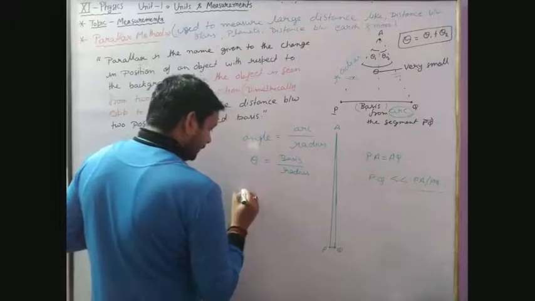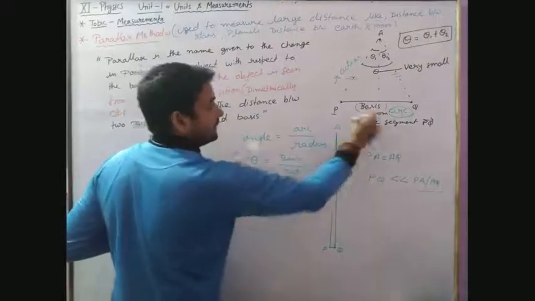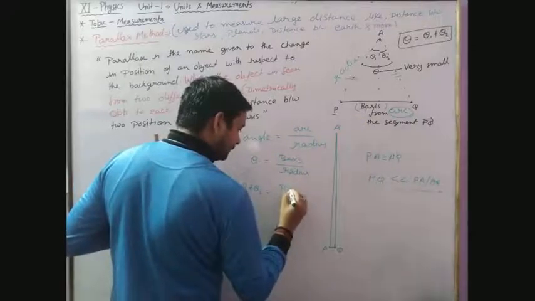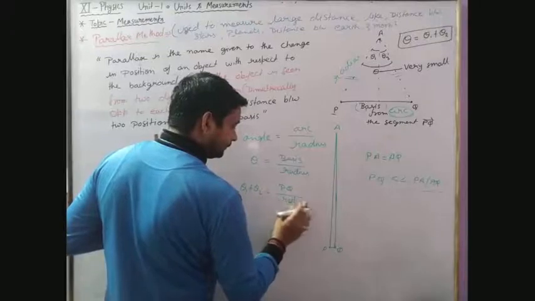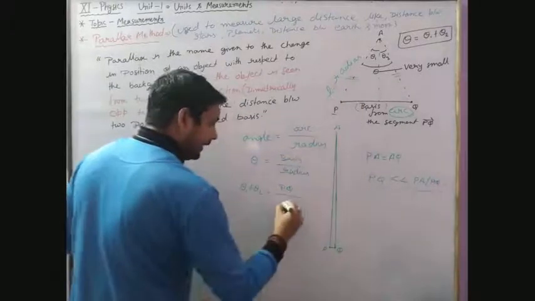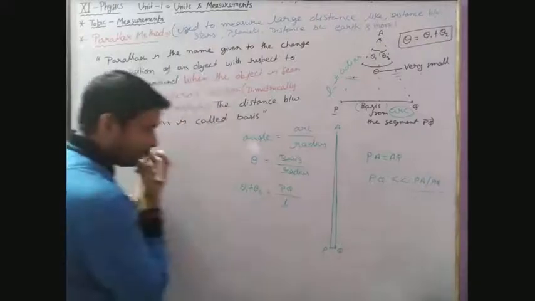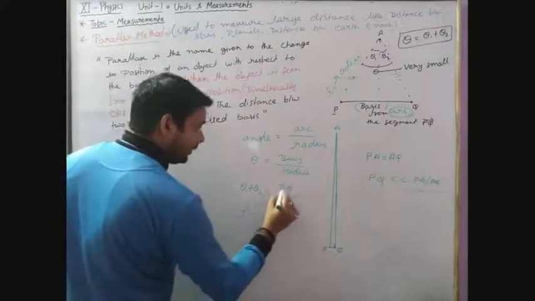So here theta 1 plus theta 2 is equal to the basis, the length PQ, upon the radius, or we can say this radius is equal to L. L is for distance. Now we can measure this L with the help of PQ.